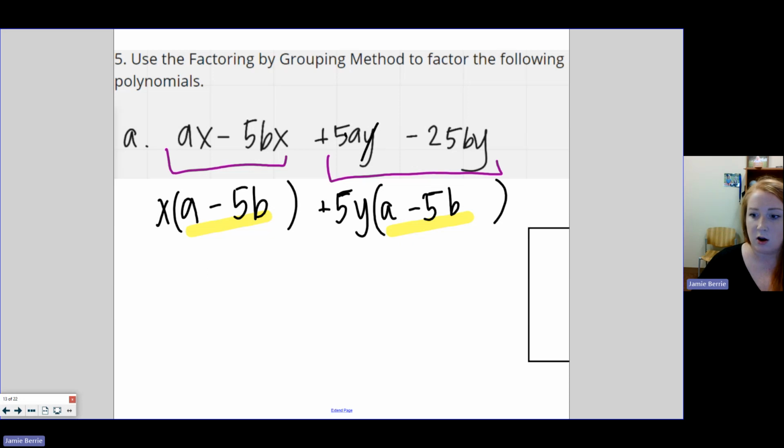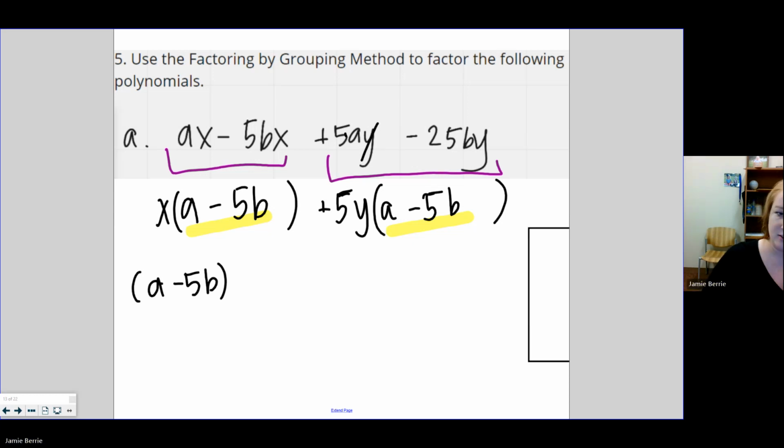This should always happen if you are successfully using the factoring by grouping method. You should always end up with the same thing inside both those parentheses. What that creates is a common factor. So here we have x times a minus 5b, and then we have 5y times a minus 5b. That common factor, a minus 5b, gets pulled out front.